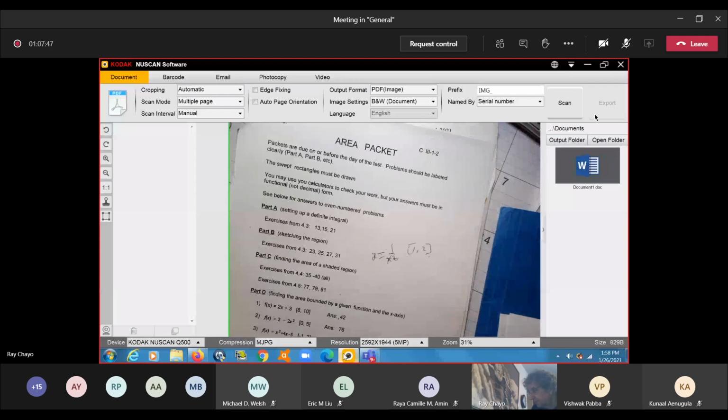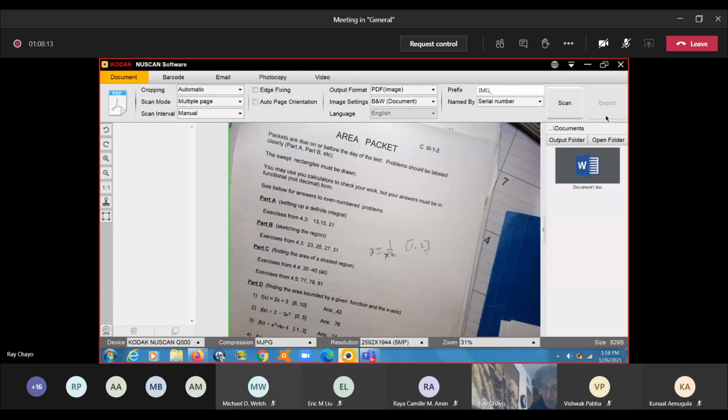Anything else? Last minute. So Mr. Shire, just making sure. When you're looking at horizontal problems, sometimes you have to use 2 integrals, right? Yeah, because they separate out at a certain point. Yeah, exactly.